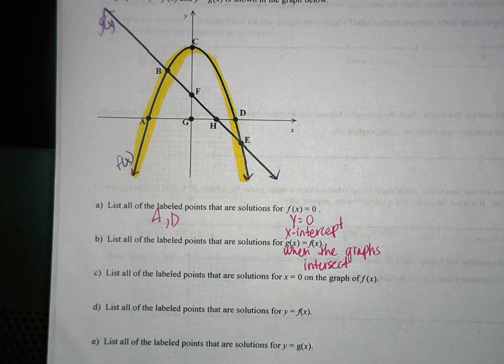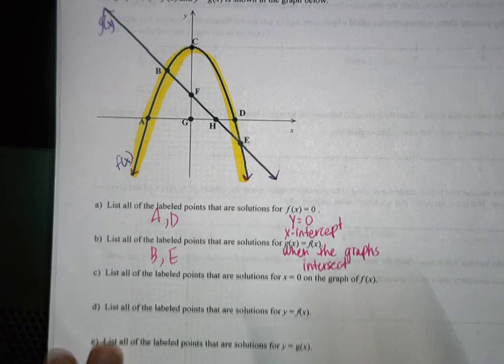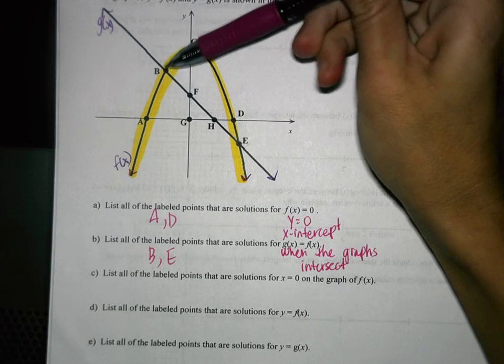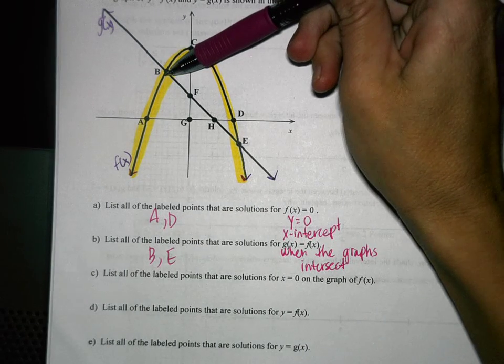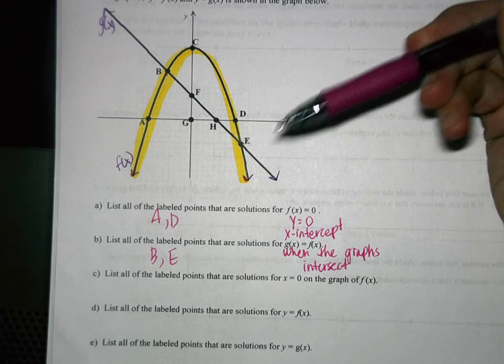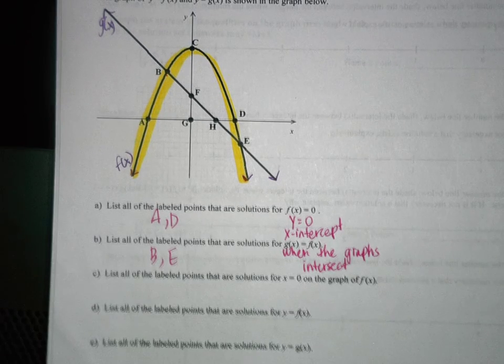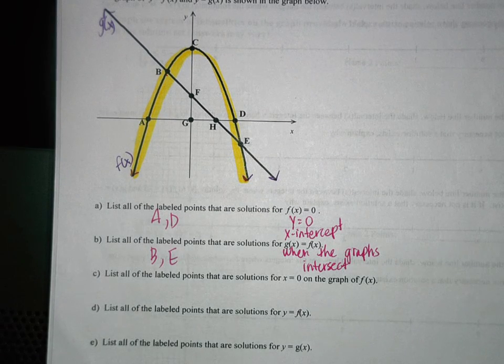So do we see any points where the two graphs intersect? Very good. B and E are correct. You can see right here, g of x and f of x cross, and same thing right here. And if you wanted to, you could highlight the other one in a different color so it stands out more.